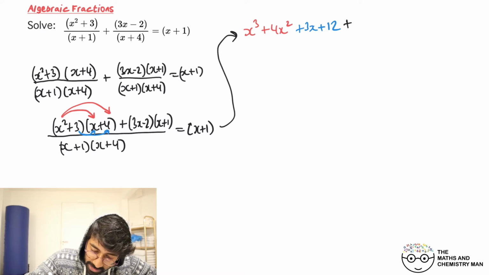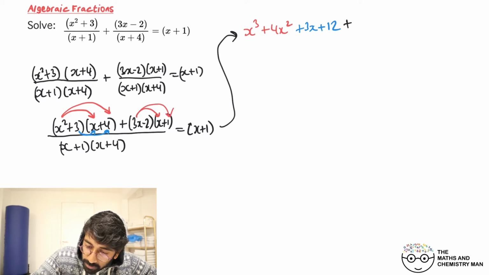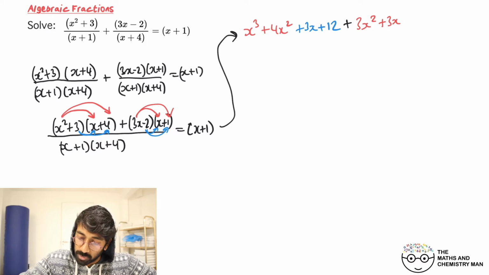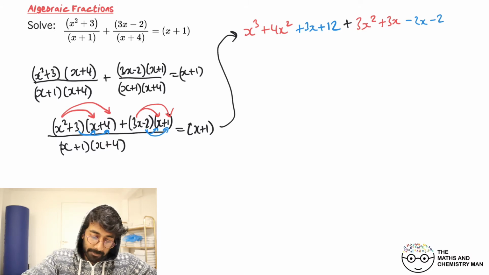And then switch colors again. We've got 3x times x and 3x times 1, so plus 3x squared plus 3x, and then minus 2 times x and minus 2 times 1. So we've got minus 2x and then minus 2. So like that there, perfect.